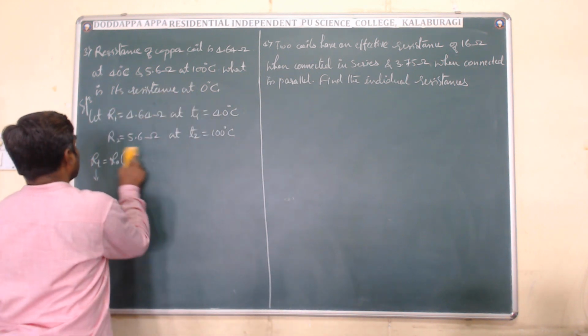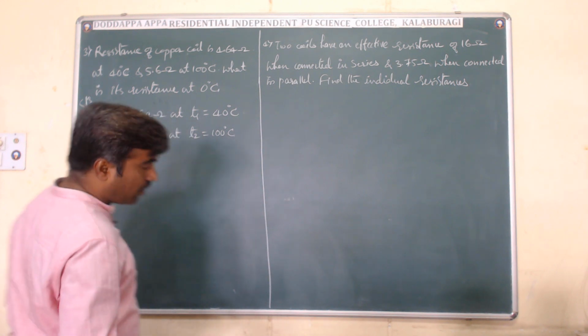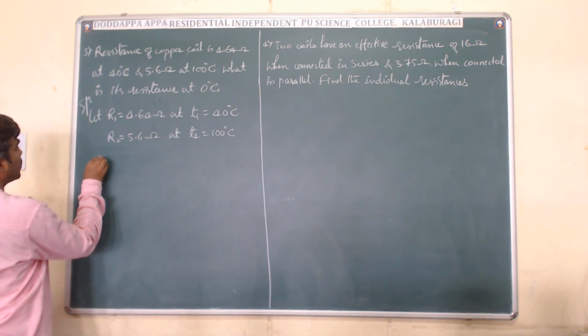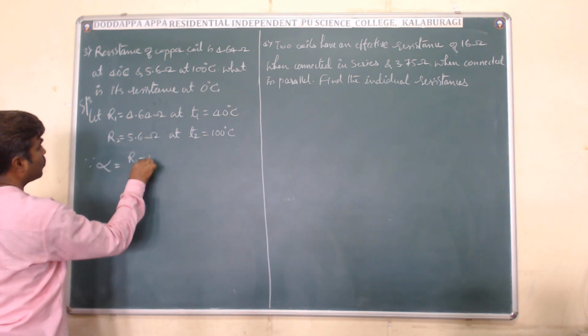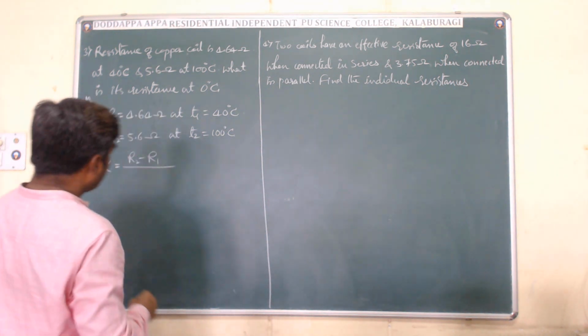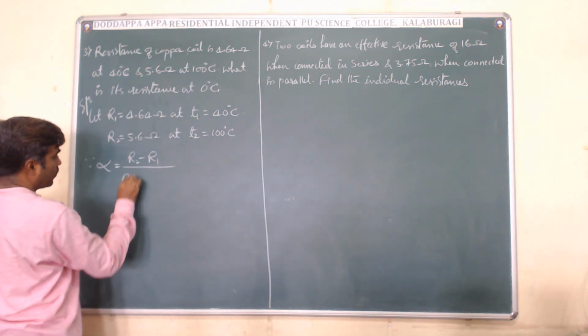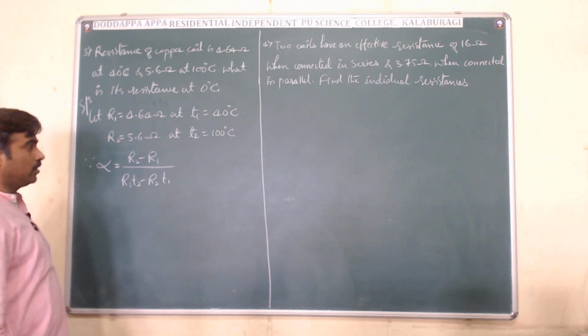So first we should calculate the alpha. To calculate the alpha value, we can directly use the equation for the temperature coefficient: alpha is equal to R2 minus R1 divided by R1 times T2 minus R1 times T1.